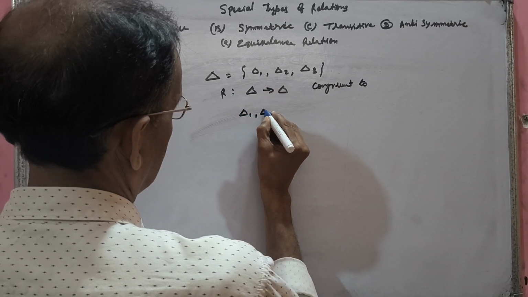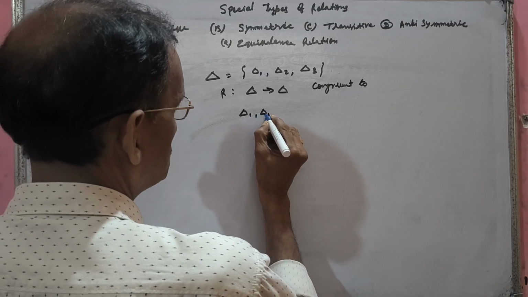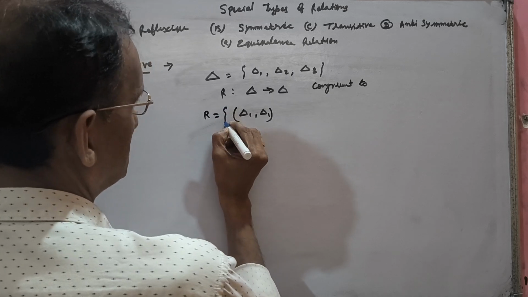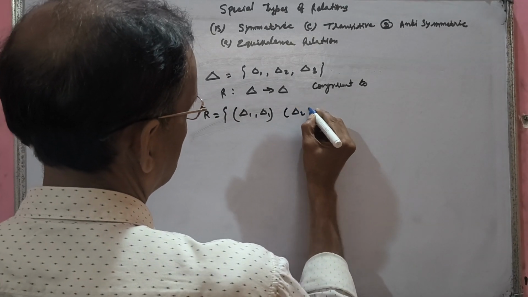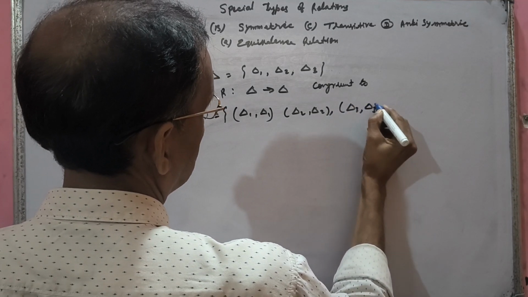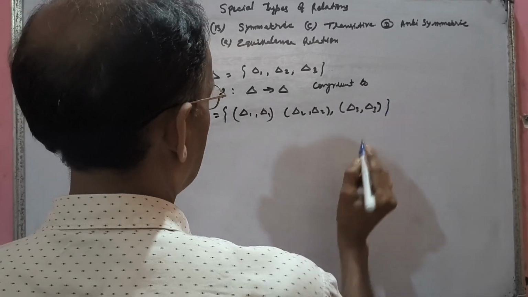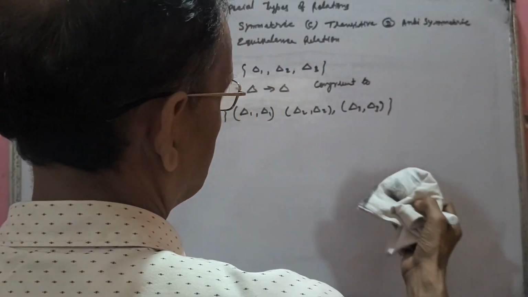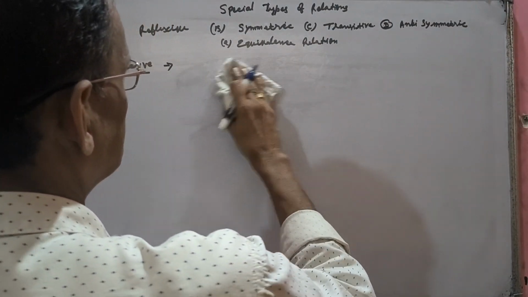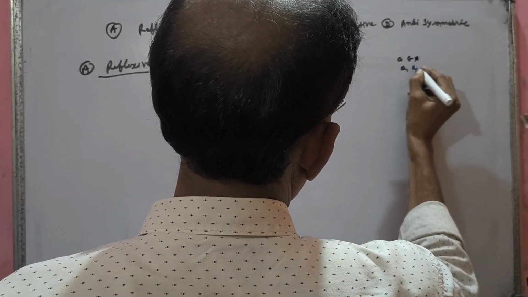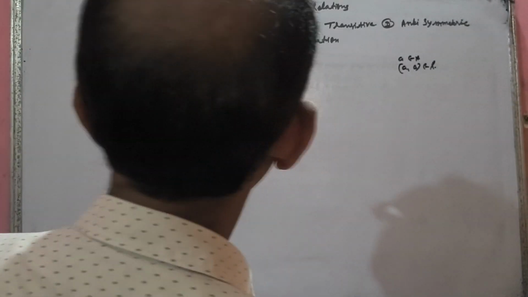So triangle 1 is congruent to triangle 1, that is (triangle 1, triangle 1) belongs to R. Similarly, (triangle 2, triangle 2), (triangle 3, triangle 3). Then we say that it is reflexive. Clear now? If a belongs to A, then (a, a) should be in relation R, then it will be reflexive.